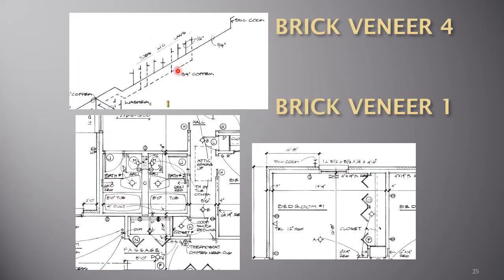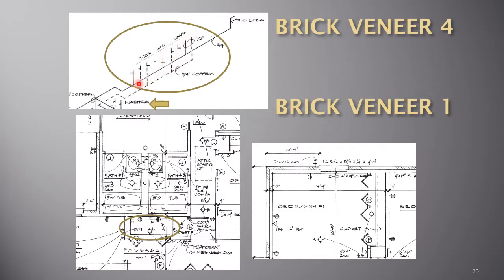So looking at this area here, here's the washer, and here is the washer dryer in the closet. Notice I have tubs and my water closet and my lavatories.